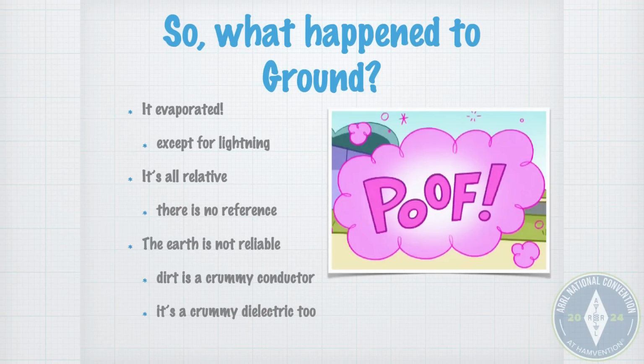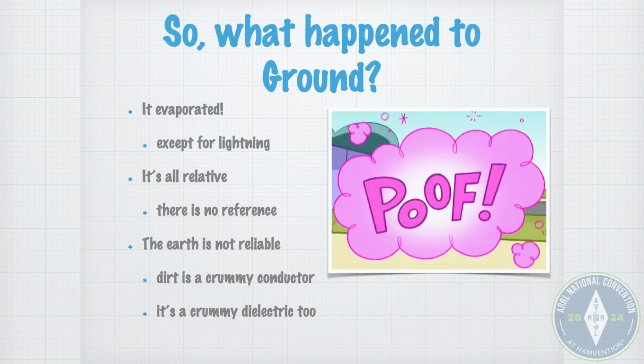So after all of this, what happened to ground? Kind of went poof, right? Except for lightning, I couldn't really find anything in here that showed me where there was some reference. And we learned that everything is all relative. There's no distinct reference anywhere except for one that you say is a reference.